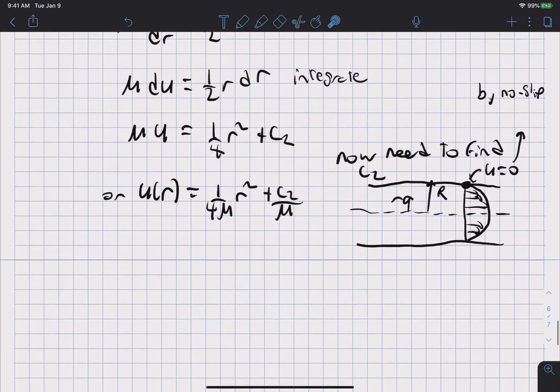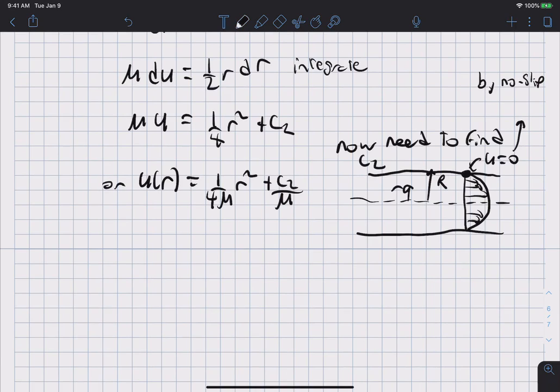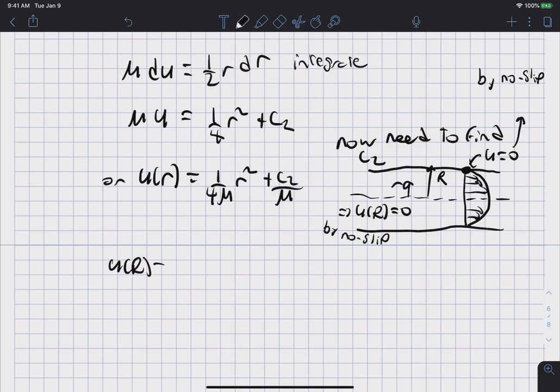And so we apply that. This implies that u at the outer radius is equal to 0 by no slip. So u of R equals 0 equals 1/(4 mu) times capital R squared plus c2 over mu, and we can solve for c2 equals minus 1/4 R squared.